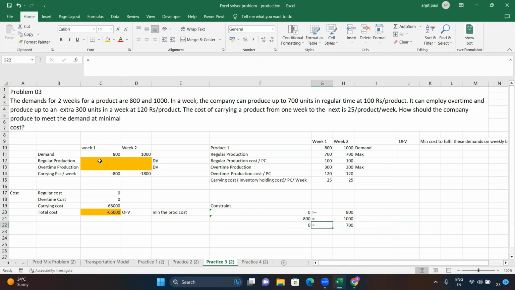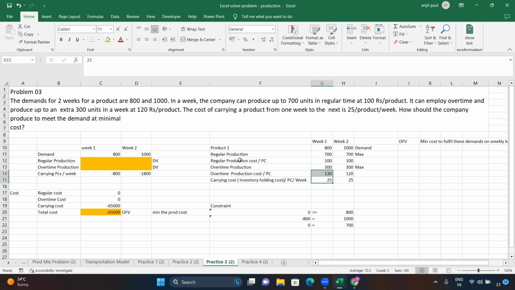Why have I mentioned here equal to? Because we need to focus that our regular production needs to be at 100% capacity all the time. And if we follow this logic, we can at least save, as per this problem statement, 20 rupees per piece. How?